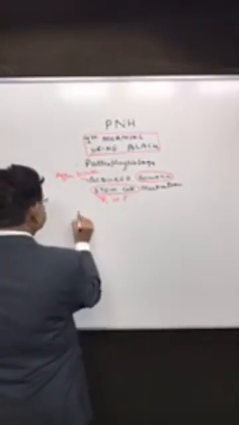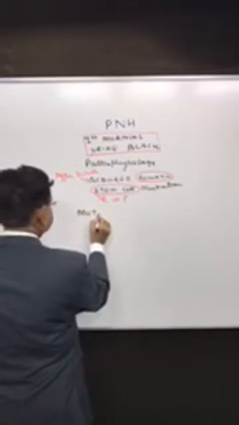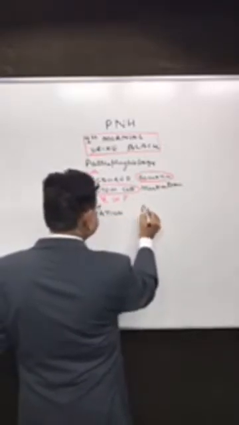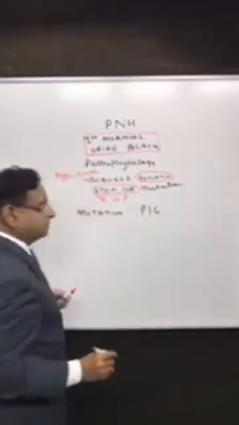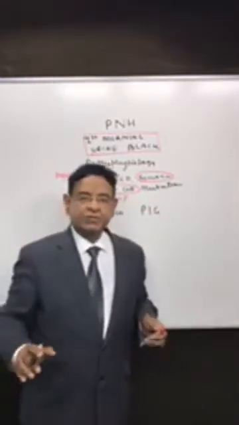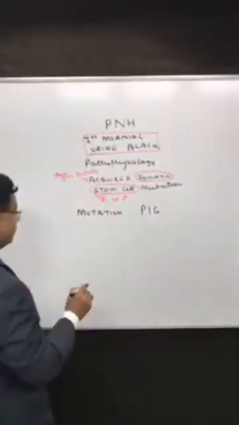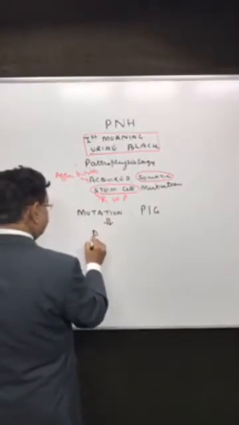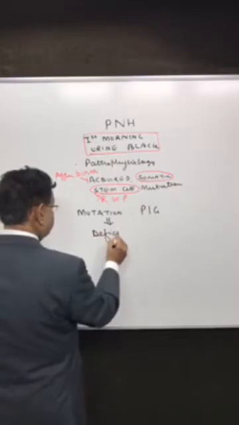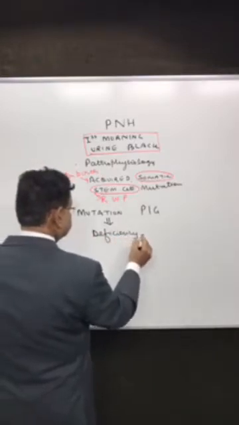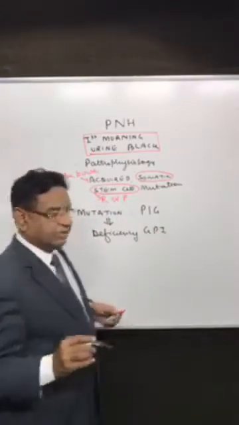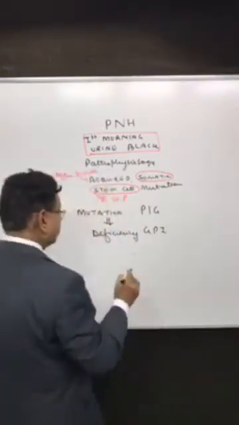Mutation occurs in the PIG gene. What does it lead to? It leads to deficiency of GPI. GPI is an anchor protein.